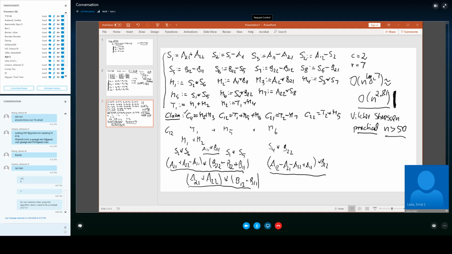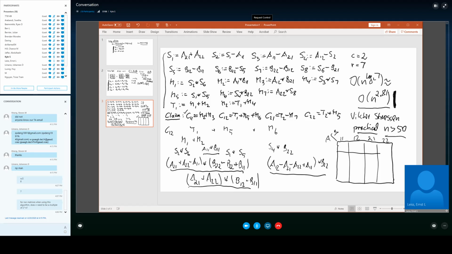And so in all of these, what you see here is that on the left of the multiplication there are only A's, and on the right of the multiplication there are only B's. So we're going to create a little table where we have the B's here and the A's here. So we have B11, B12, B21, and B22.